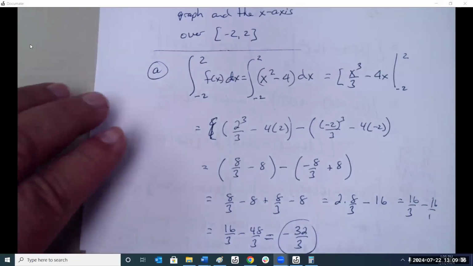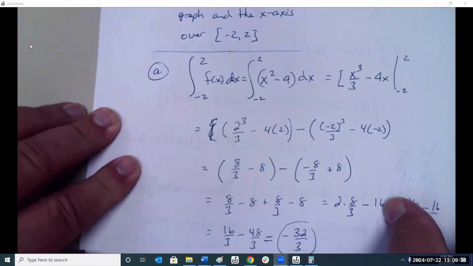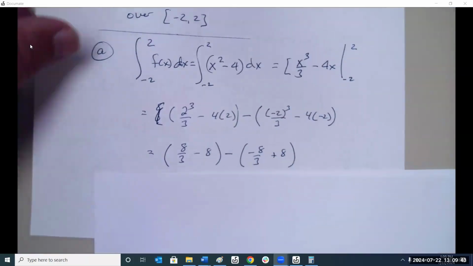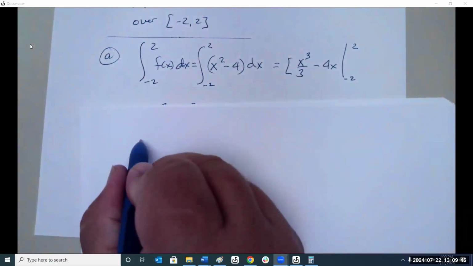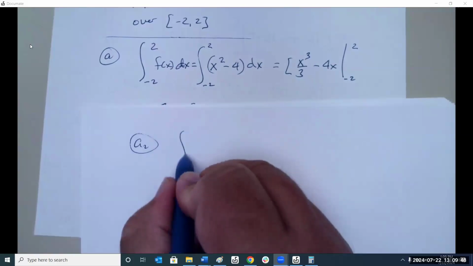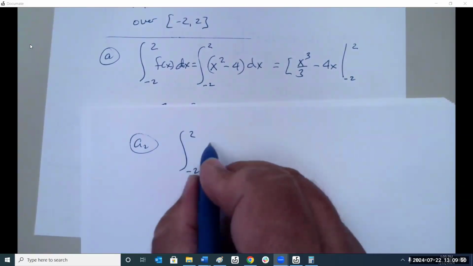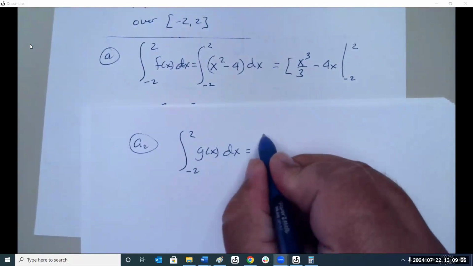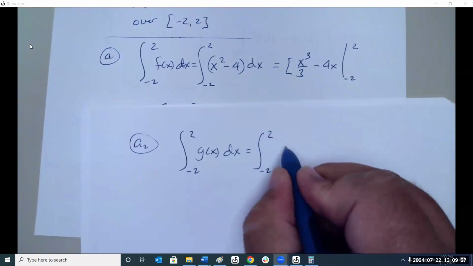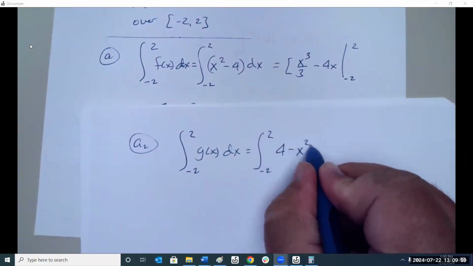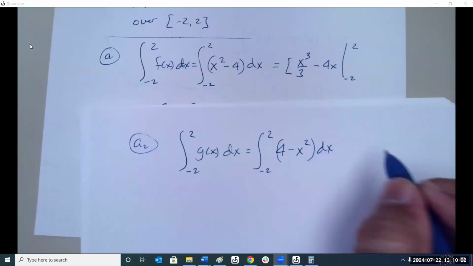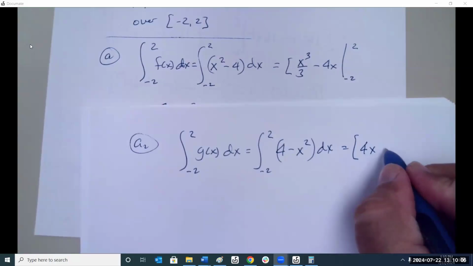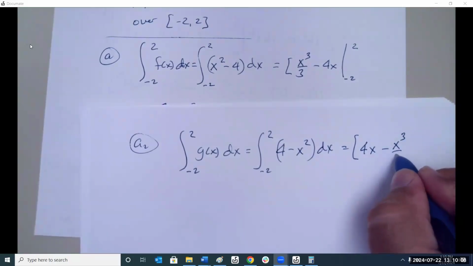And do the same thing now with the other function, 4 minus x squared. The integral from negative 2 to 2 of g of x, negative 2 to 2 of 4 minus x squared, equals 4x minus x cubed over 3.